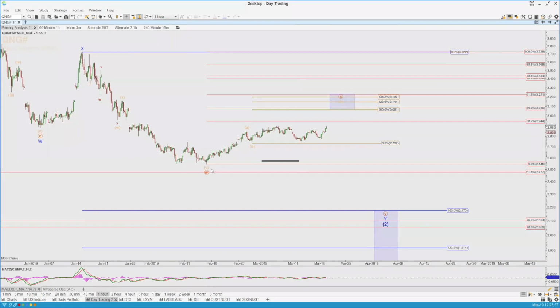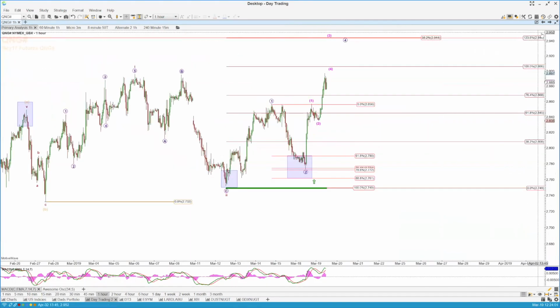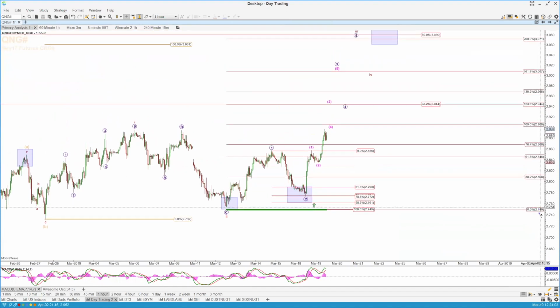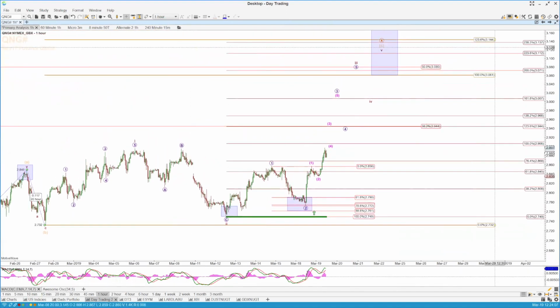And just bringing that down to the hourly chart, let's just scale that properly. So you can see that yesterday's move down, we actually went long in our live trading room here on Friday afternoon, dropped down into the 764 retrace of this leg up yesterday and rocketed out of it.